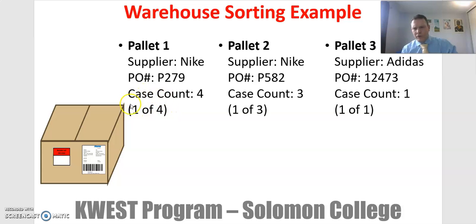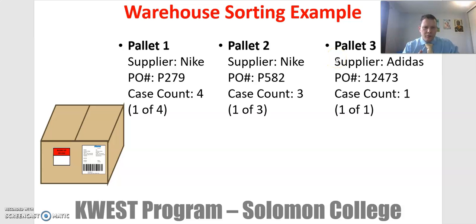So you'll have 4 cases from 1 of 4, 2 of 4, 3 of 4, up to 4 of 4, all having the same information on it. Then on pallet 2, you'll have a different purchase order, in this case from the same supplier, and here the purchase order number is P582, and the case count is 3. So you'll see 1 of 3, 2 of 3, and 3 of 3. If you find all of those cases, that order is complete. Your job is done there.